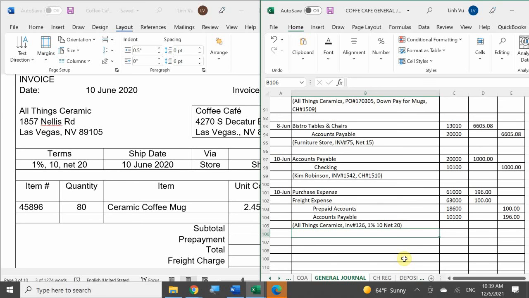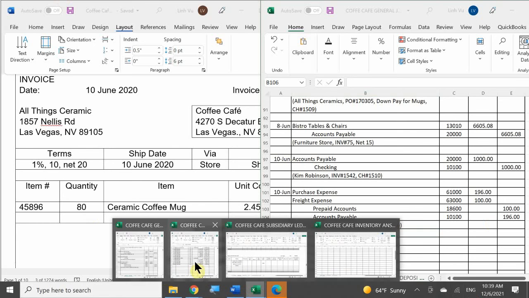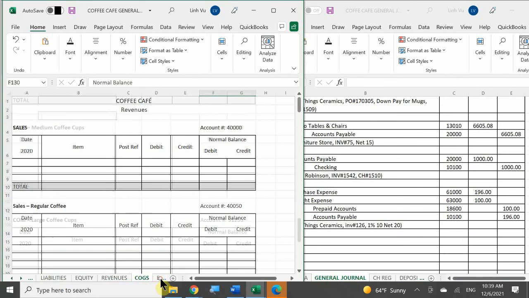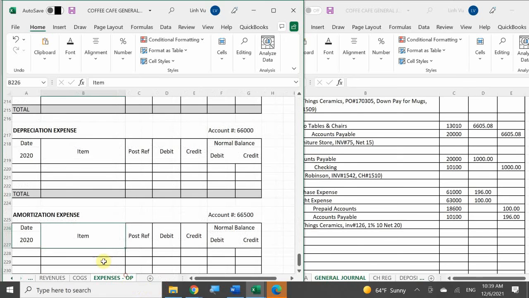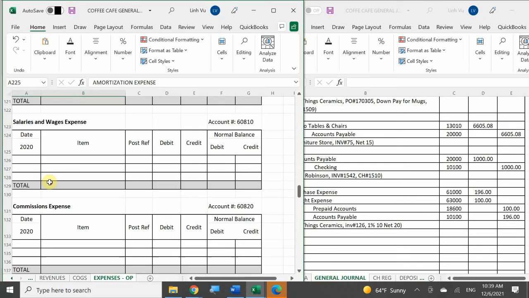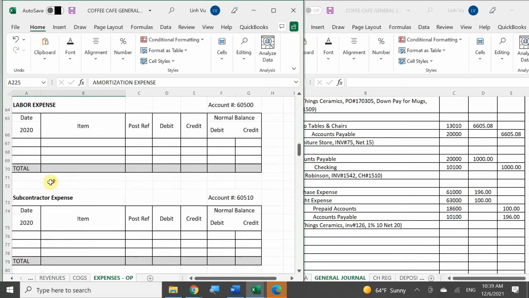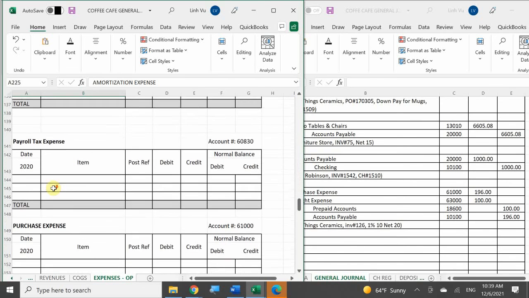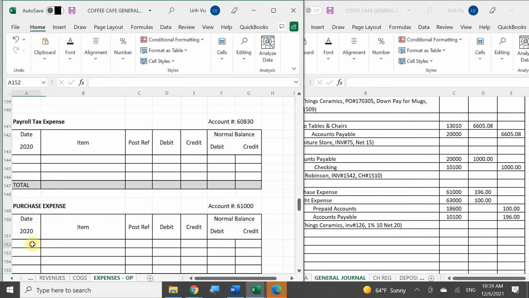So there you go. I finished my journal, so let's go ahead and update our ledger accounts. First thing I have here is a purchase expense. We bought 80 coffee mugs.